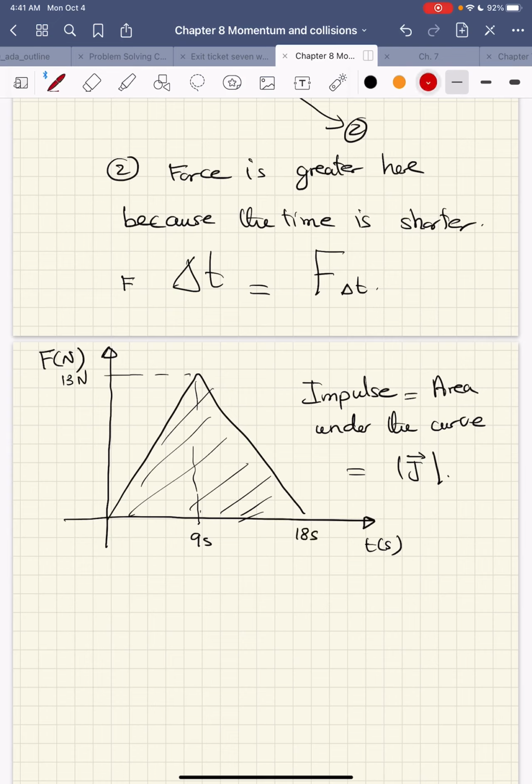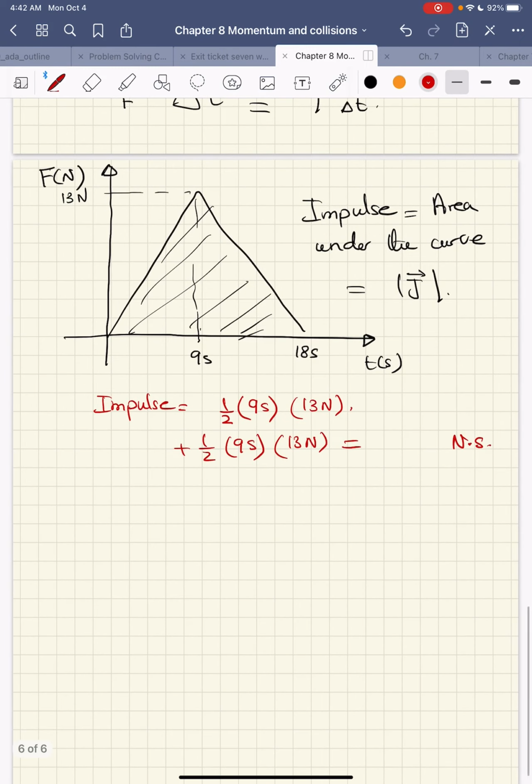I can say here that the impulse equals 1/2 times 9 seconds times 13 newtons plus 1/2 times 9 seconds times 13 newtons, and I will be able to calculate what is really the total, and that is going to be your impulse.